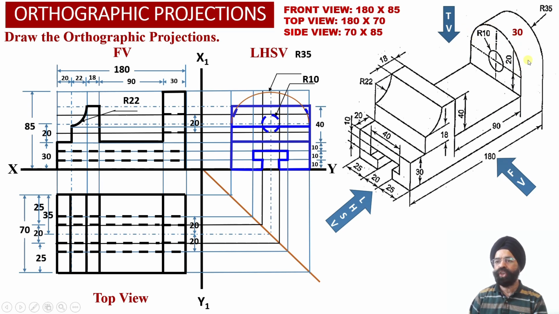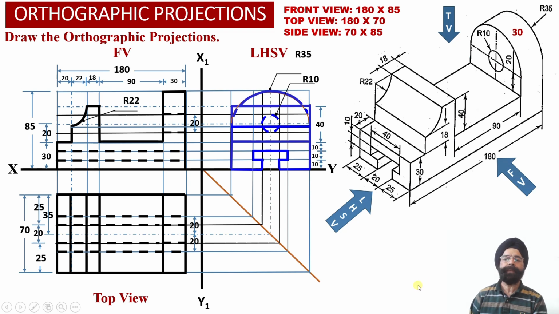Whereas the portion of the semicircular vertical web beyond 70 millimeter height, this portion will be visible to the observer. So now we can join this portion of the vertical web corresponding to element number 3 using an object line or using a darker line projection over here.